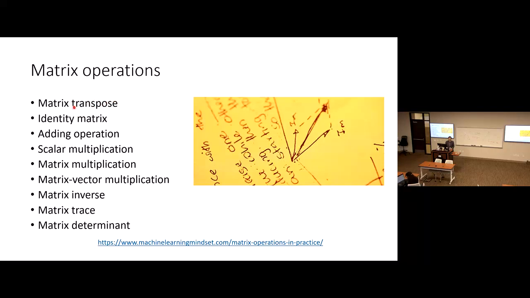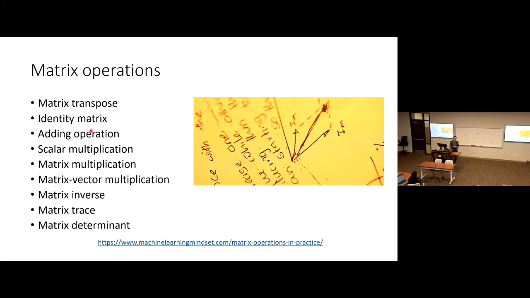We don't have to do transposition because it's very easy: you just rotate your rows into columns, and columns become rows. In MATLAB, you have an x, then you just put an apostrophe operation there, and the matrix will be transposed. Addition requires two matrices to have the same dimension.